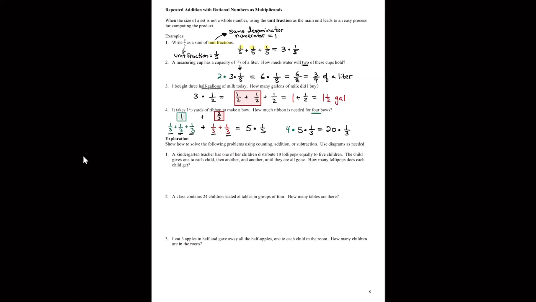So now I have a multiplication expression, or equation in this case, that would allow me to determine how much ribbon there would be. So now it's just a matter of going back the other way. Now, easier said than done in a lot of cases, but not unmanageable, right? Because I got a whole number set of quantities here. I got 20 of those 1/3.